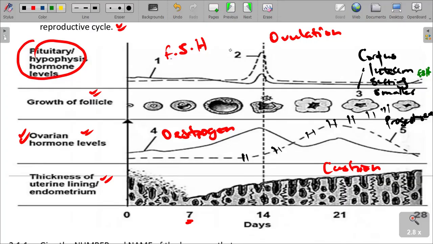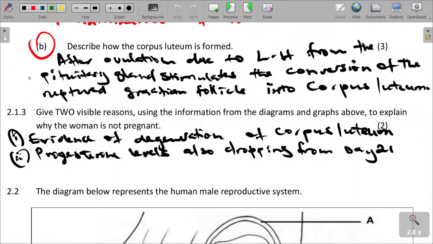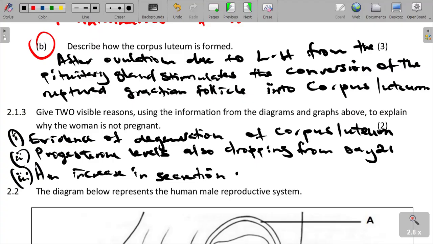So we also see an increase in the secretion of follicle stimulating hormone from day 28.